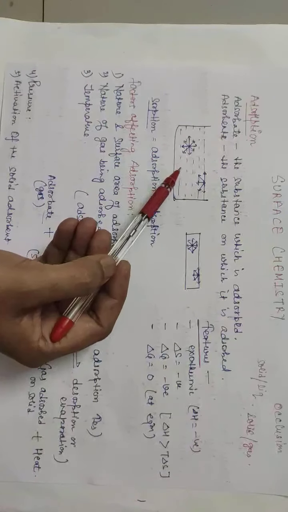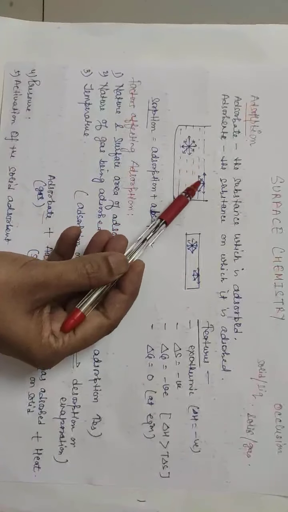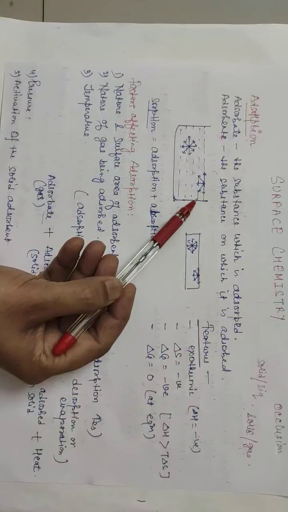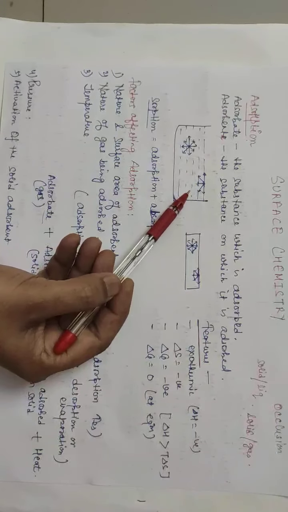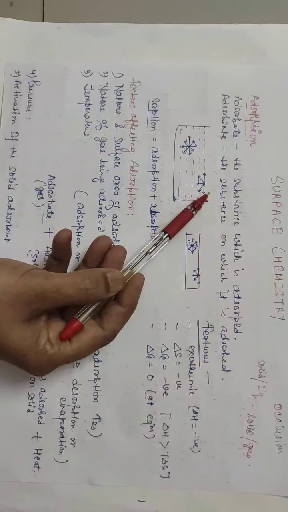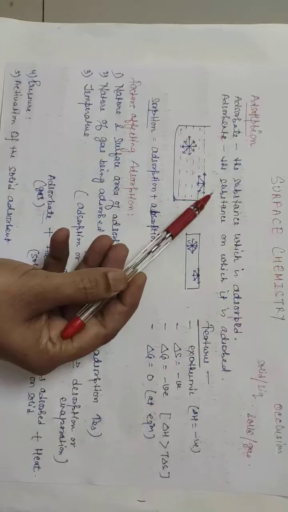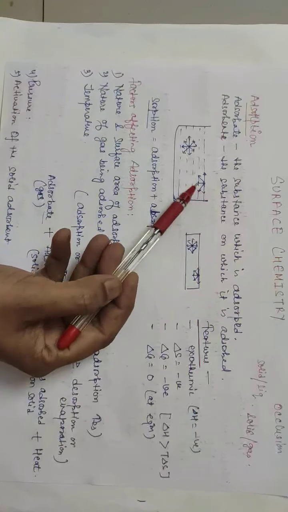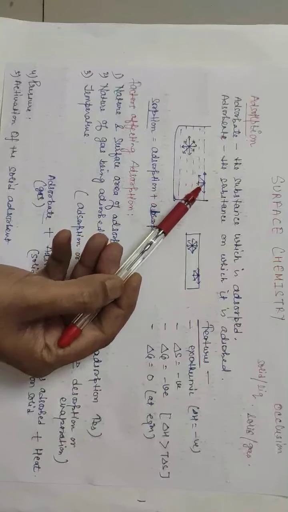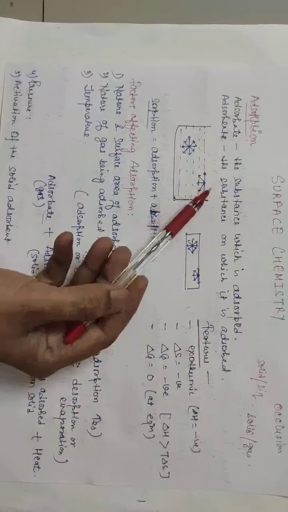Now, the molecule at the surface of the liquid is surrounded by a large number of molecules in the liquid phase and fewer molecules in the gaseous phase, that is, fewer molecules of the vapor of this liquid in the space above the liquid surface.